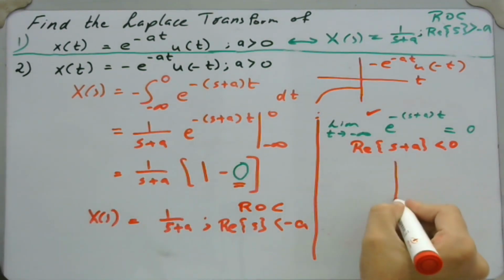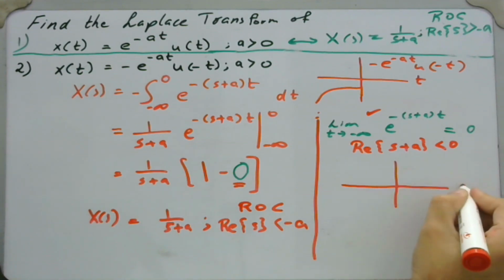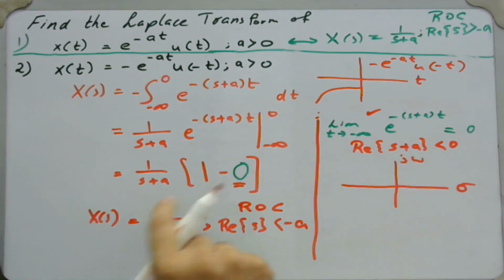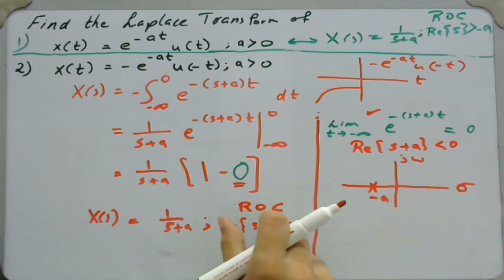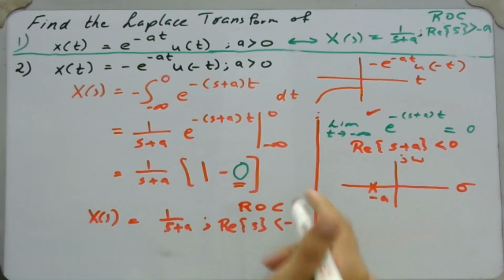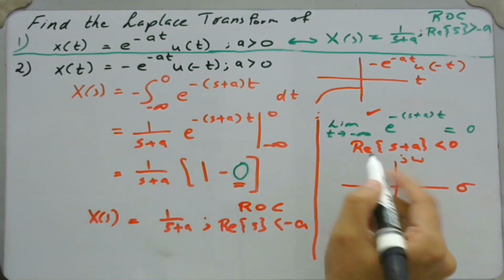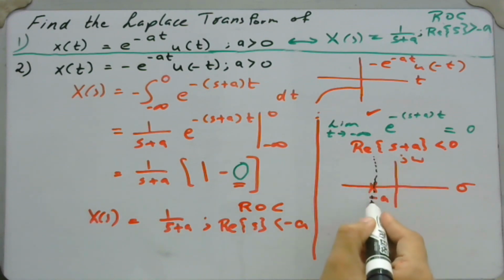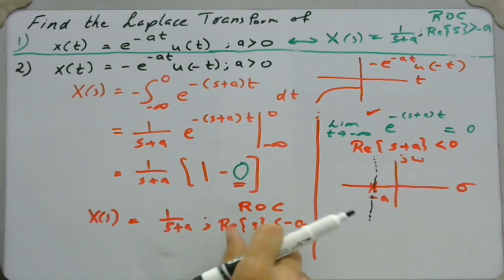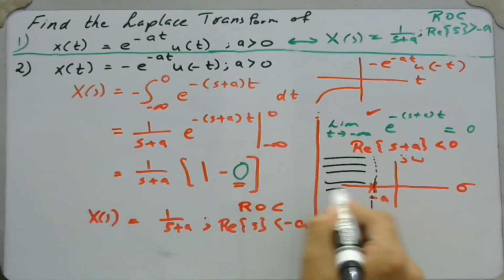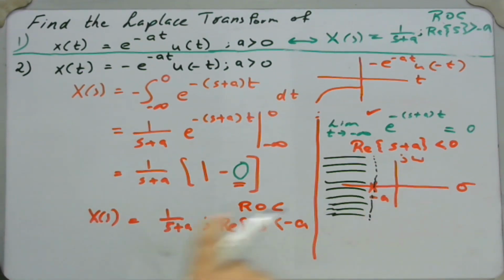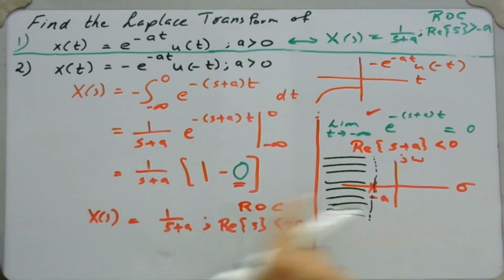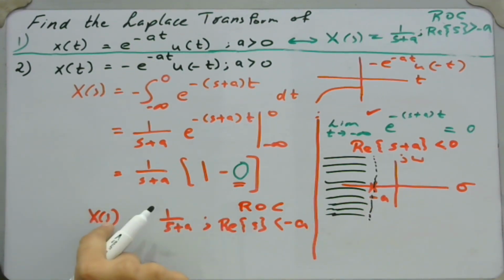Again, in terms of an s plane, we have sigma and j omega, where our pole is at s equal to minus a. The region of convergence is to the left of minus a. So again, we can draw a line at the pole, and this suggests that this is our region of convergence. Note that the ROC does not include the pole, that is when s is equal to minus a, because in that case X of s would reach infinity.